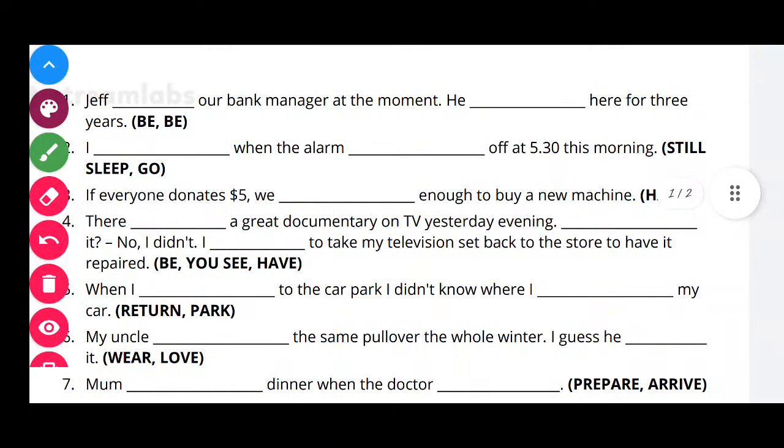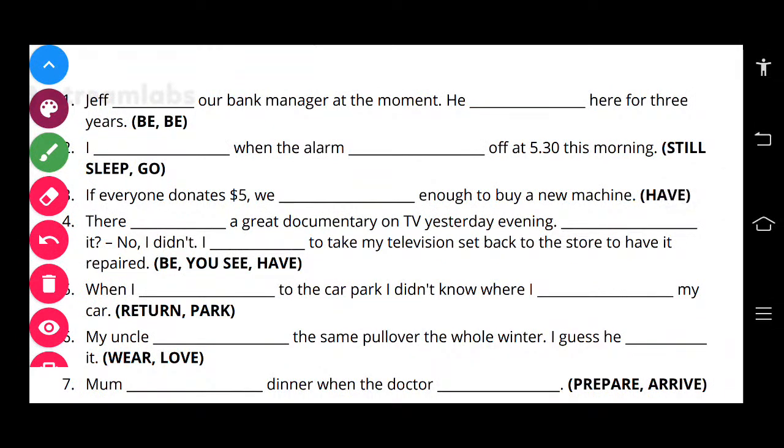So as we decided, sleeping is an ongoing action. Even it is explaining this morning at 5:30, that means it is speaking about the completed time. So therefore we have to think about a past ongoing action and a completed action.